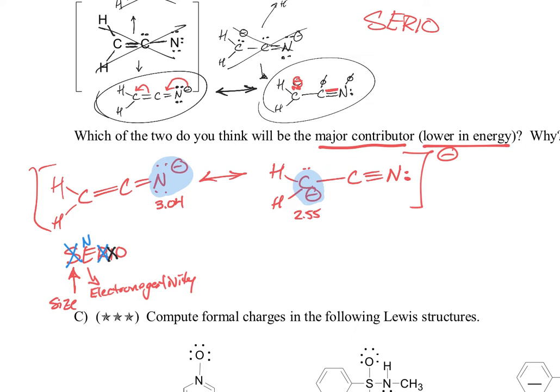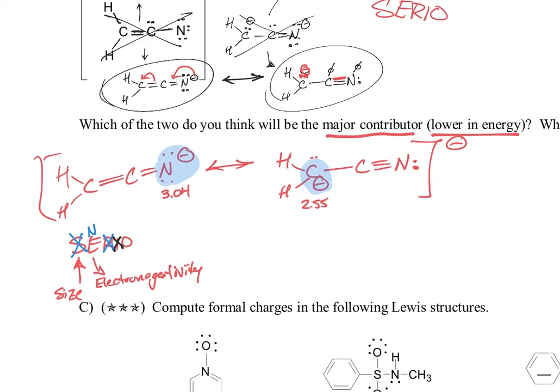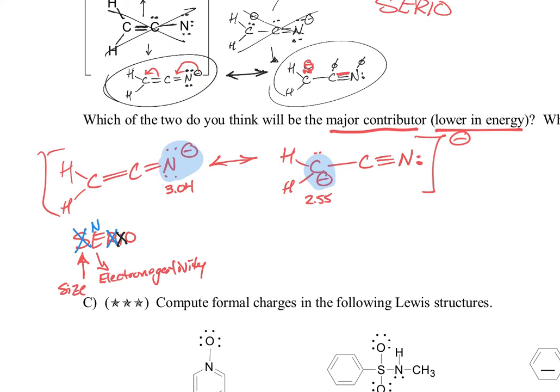And then hybridization. In the nitrogen, there's electrons coming off in 1, 2, and 3 directions. So you have sp2, and the carbon over here, that's sp3. As far as stability is concerned, the sp2 is more stable than an sp3 due to the size differences, right?